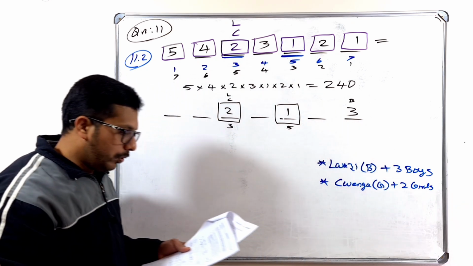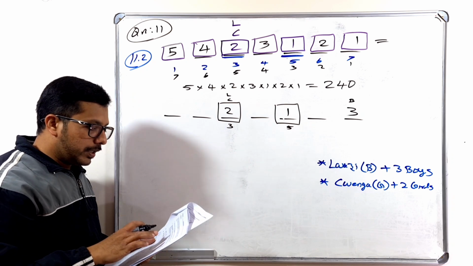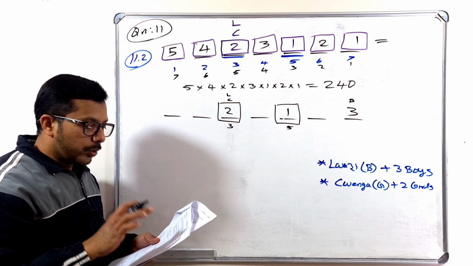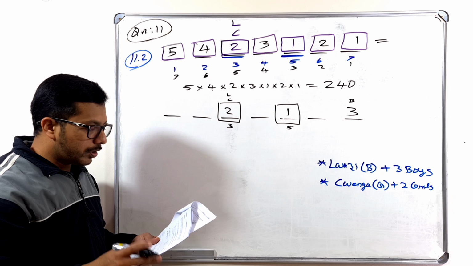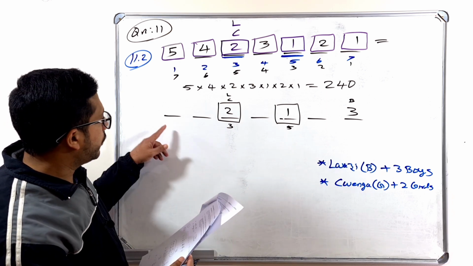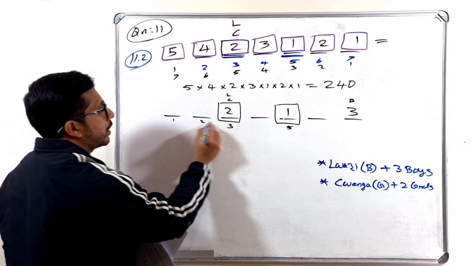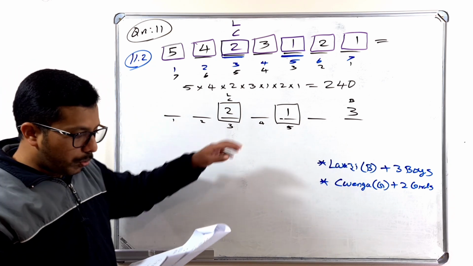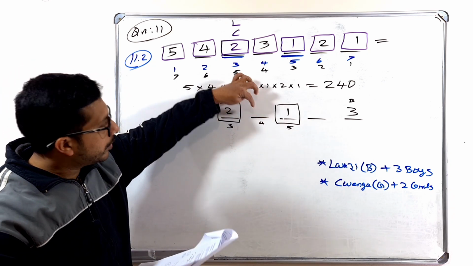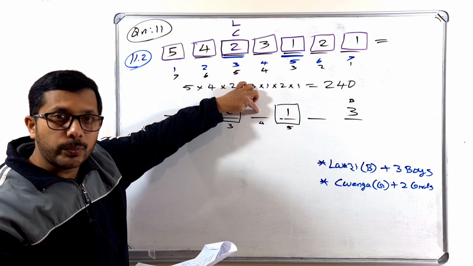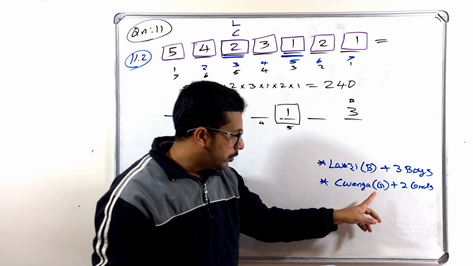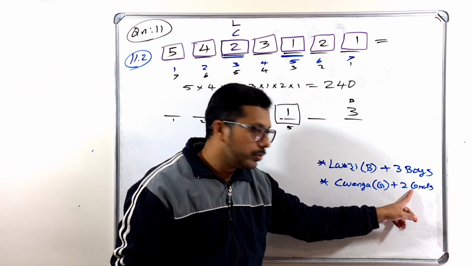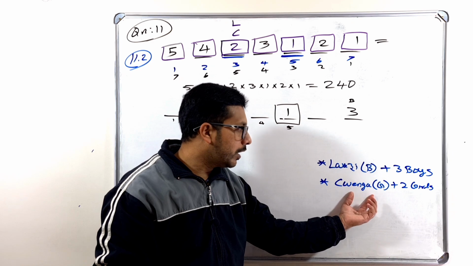Now the last seat is occupied by a boy and only a girl can sit on the fourth seat. Which one is the fourth seat? This is the first seat, second seat, and this one is the fourth seat. And now they are saying that only a girl can sit on the fourth seat. How many girls outstanding? Total 1 plus 2, 3 girls. But this Swenga already seated.